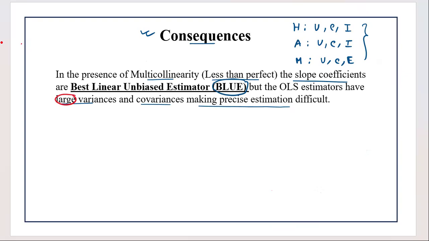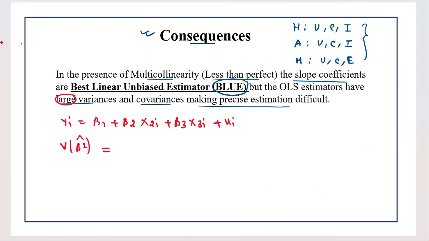For example, suppose this is your multiple regression model. Though I haven't derived the variance of beta 2 cap yet, I'll derive everything when I talk about the multiple linear regression model. That video I'll make very soon.